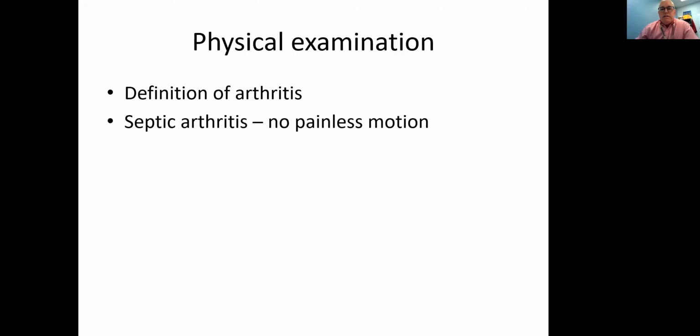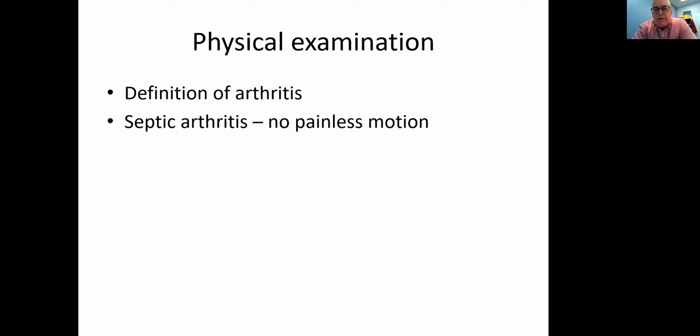Okay. Other things you look at: physical examination. We talked about the definition of arthritis. Swelling, or in the absence of swelling, limitation of motion accompanied by pain with motion, tenderness, or warmth. Septic arthritis. So you have that monoarticular patient.